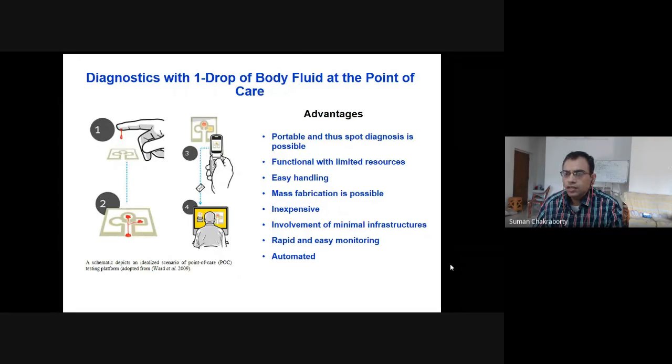The primary concept on which I will give a few examples, and because the platform is not specialized in this particular area, I will be broadly generic. So it is about diagnostics with 1 drop of body fluid at the point of care. What this innovation tends to look for is that 1 drop of body fluid is collected, maybe finger pricking of blood as an example.